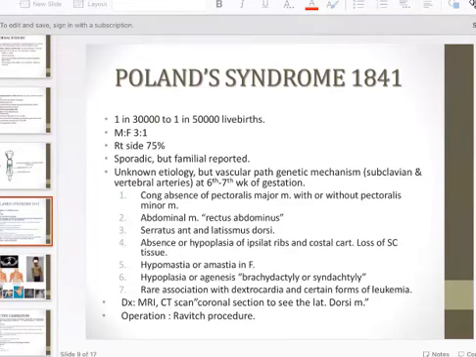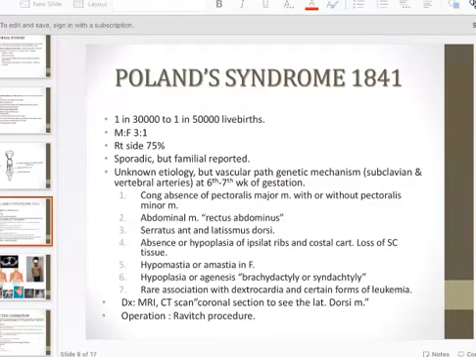Serratus anterior and latissimus dorsi are absent or hypoplastic, with hypoplasia of the ipsilateral ribs and costal cartilage, with loss of subcutaneous tissue. Even the skin and subcutaneous tissue have a loss of elasticity.